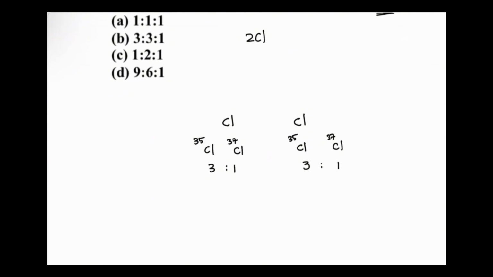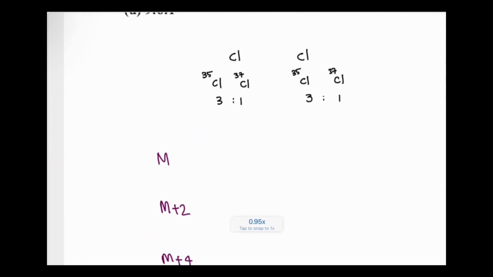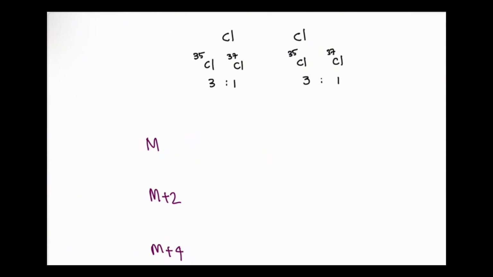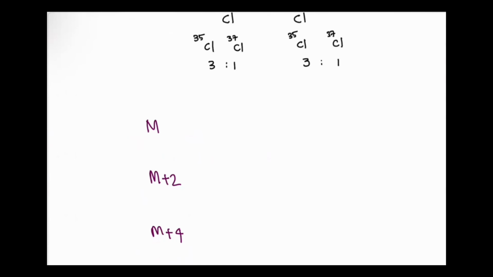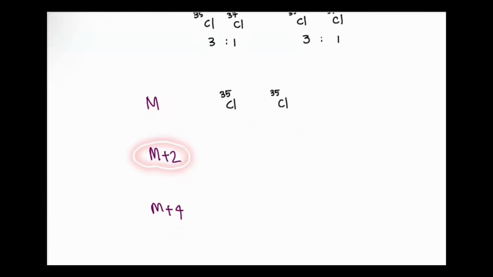And now we need to find the ratio of the M peak, M plus 2 peak and M plus 4 peak in the molecule. So to get the M peak from 2 chlorines, what should be the scenario? Both chlorines should be present in the 35 isotopic form. Then only you'll get the M peak in the mass spectrum. And for M plus 2, there are two probabilities.